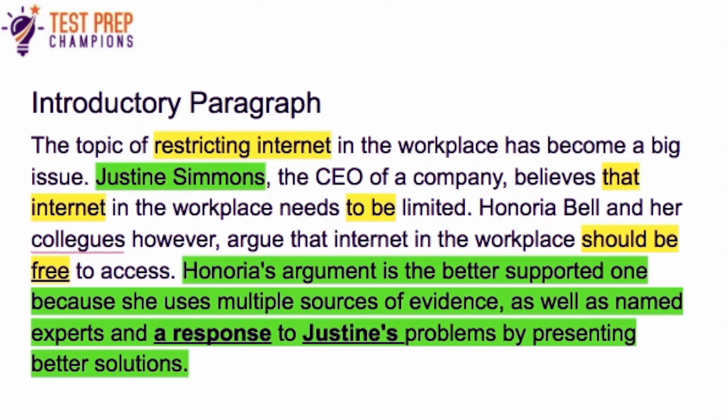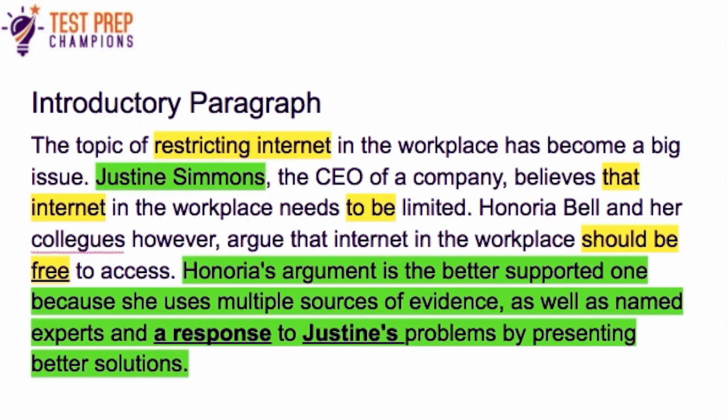So we could say something like, Honoria Bell and her colleagues argue that they should have unrestricted access to the internet in the workplace. That's something I just made up off the top of my head, but just keep in mind here that we always want to try to write in the active voice, and the passive voice, it's not always wrong. Sometimes you'll see in books where the authors choose to write that way, but for a test like this that's going to be graded, we want to try to keep it in the active voice as much as possible.